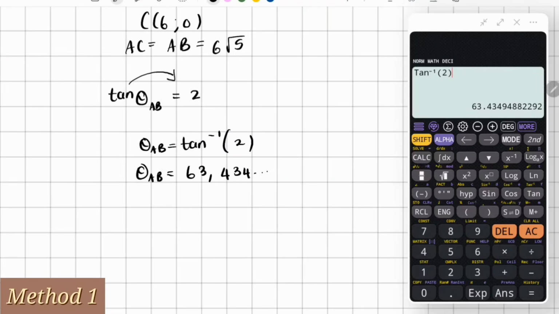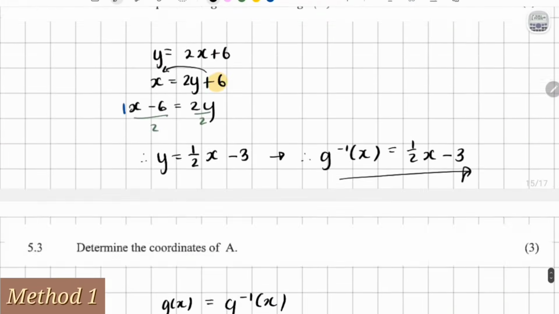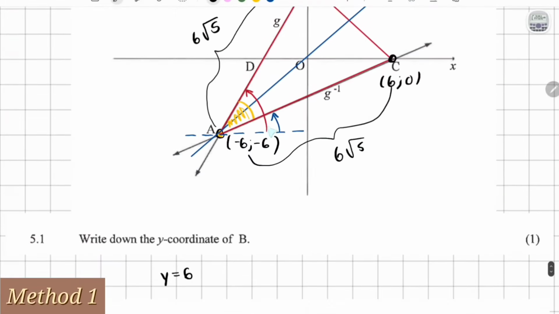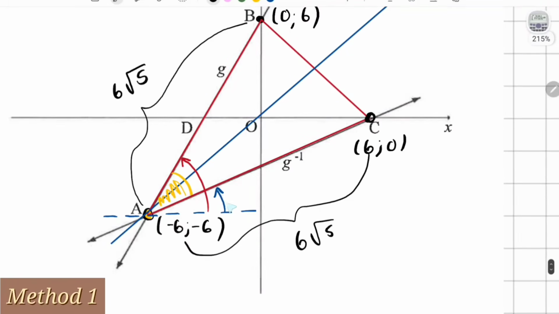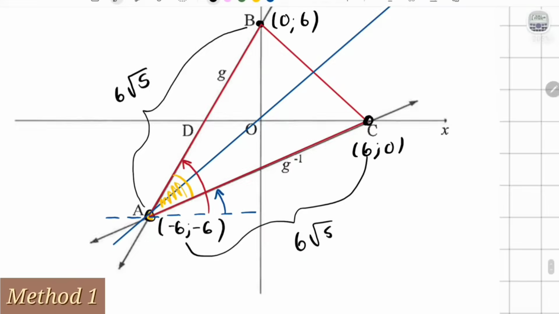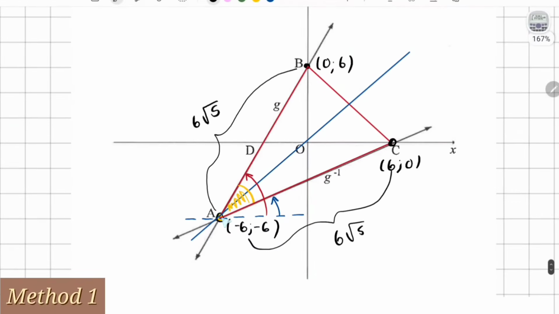Then after finding that, we have to find the next angle of inclination. We just found the one for the red line. Now we have to find the angle of inclination for this blue angle over here, which is the angle of inclination of the line AC. So let's find that angle now. For AC, we also have the equation because it's the inverse of g.